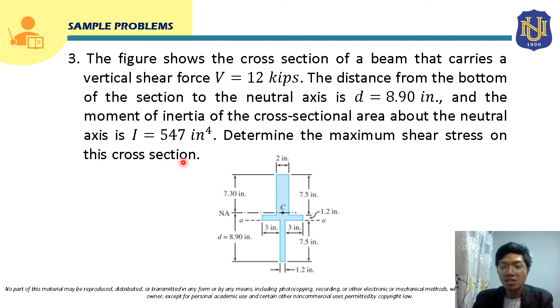So in this problem, class, the vertical shear force V is already given. The moment of inertia about the neutral axis is also given. Okay, so we are asked here, class, to solve for the maximum shear stress on this cross-section. So let's solve this problem.